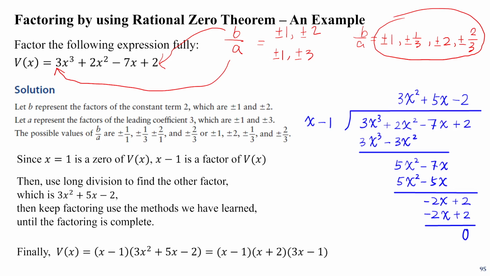So in order to find the other factor, you could divide the original expression by x minus 1 using long division. Then the other factor is 3x squared plus 5x minus 2, which can be further factorized by using cross product, right? So the original expression can be factorized to this. Did you get it?